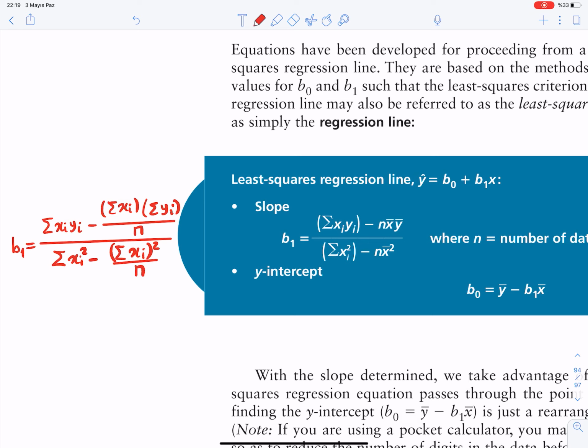This is my formula. It is identical to the other one; no difference.